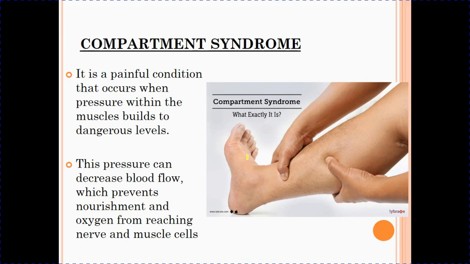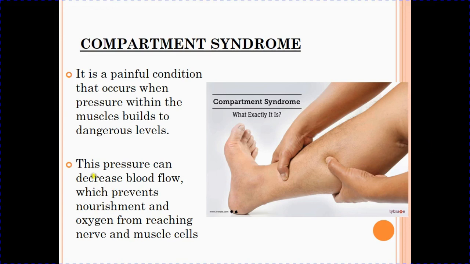Compartment syndrome. It is a painful condition that occurs when the pressure within the muscles build to a dangerous level. Now we know that the leg is surrounded by a layer of connective tissue which is called a deep fascia. Because of the presence of the deep fascia, if there is any accumulation of blood or fluid, it leads to increase in the pressure, and the increase in the pressure can lead to compression of the vessels, compression of the arteries, and can lead to ischemia of the muscles.